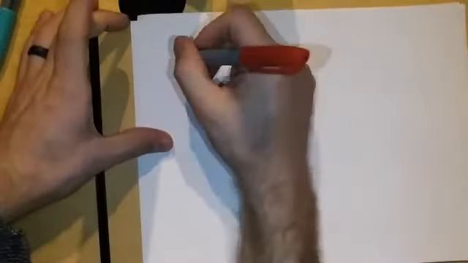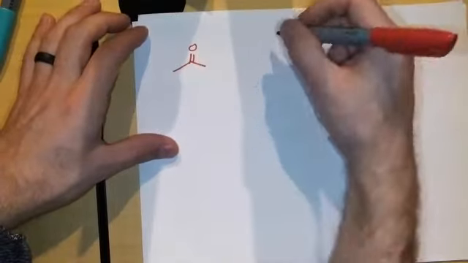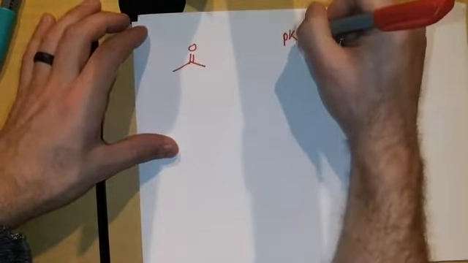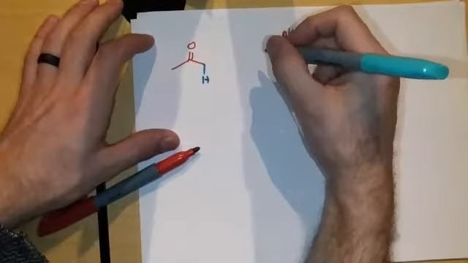Okay, so as kind of a review of probably OChem 1, if you have a ketone, this is going to have a pKa for this proton of around 19.